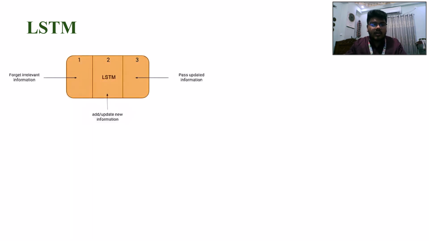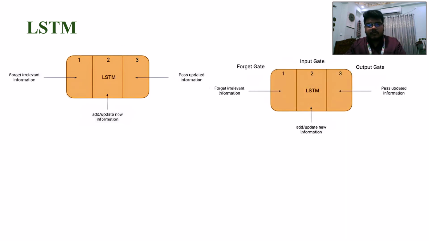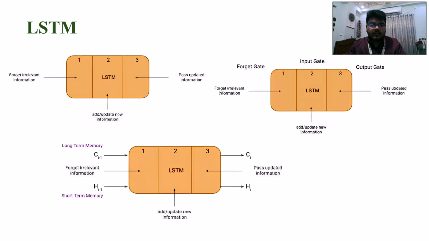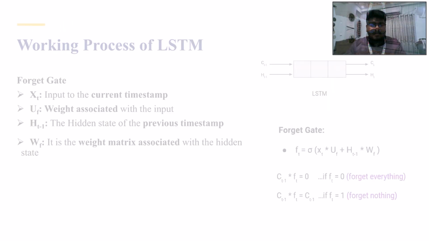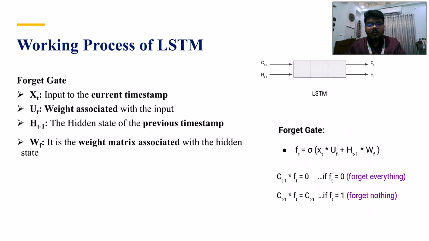Now I'm talking about LSTM. It has a forget gate, an input gate, and an output gate, and there is long-term memory and past update information. Here is the working process of LSTM.